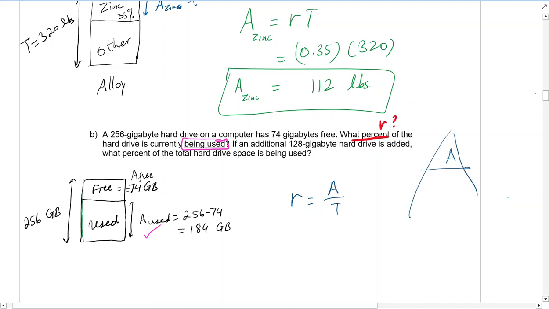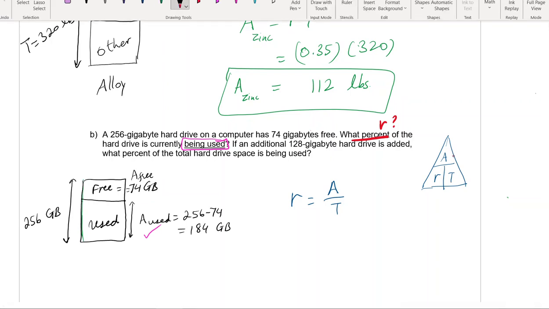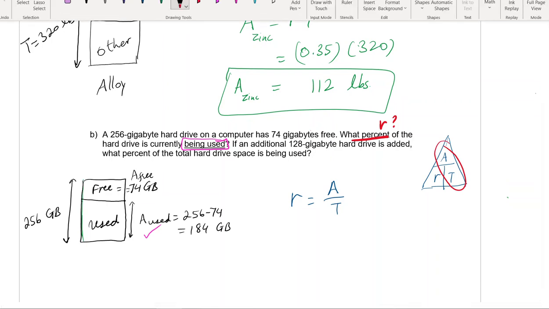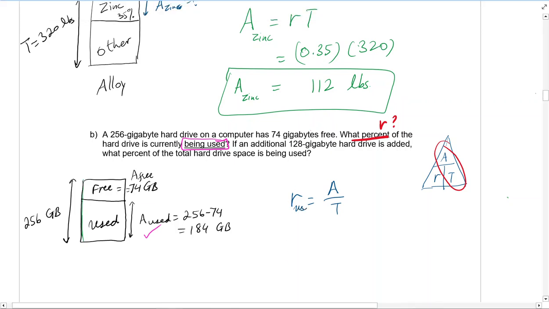So create your triangle and then write ART, and your goal is to find R. That means you're gonna do A over T, and we are interested in the rate of how much is being used, not free. So we're gonna write amount used divided by total.